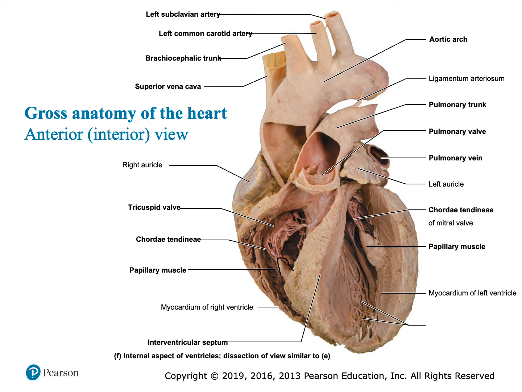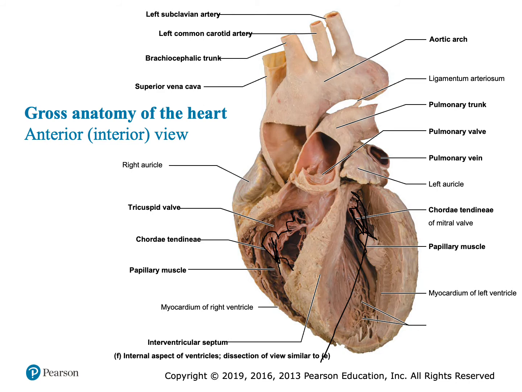And this papillary muscle has these chordae tendineae, which is the heartstrings, which are holding on to the tricuspid valve. On this side, papillary muscle, chordae tendineae, and you can't really see the valve, but it's right in here.